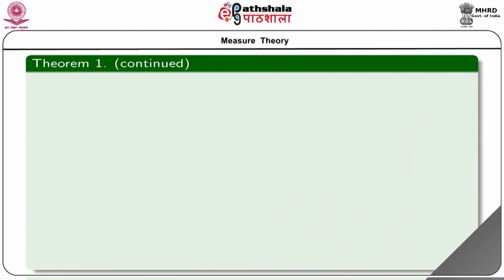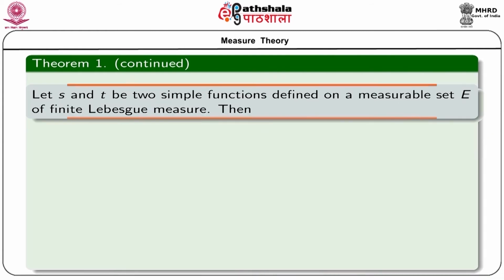We continue theorem 1. So, again S and T are two simple functions defined on a measurable set E of finite Lebesgue measure.